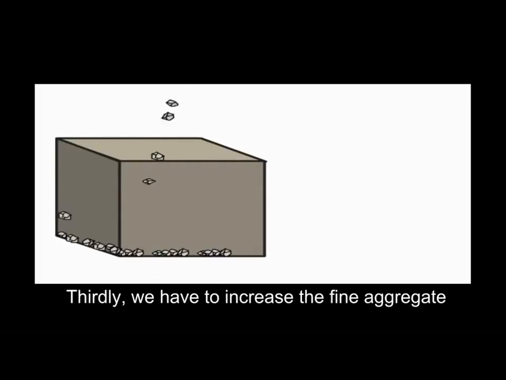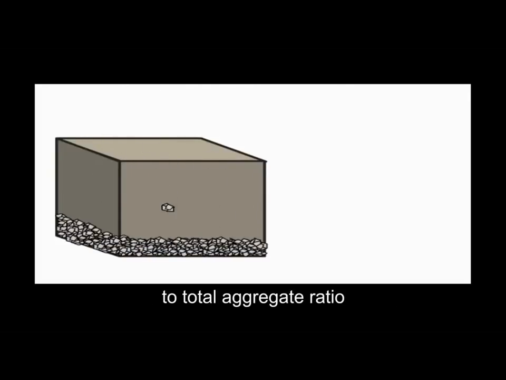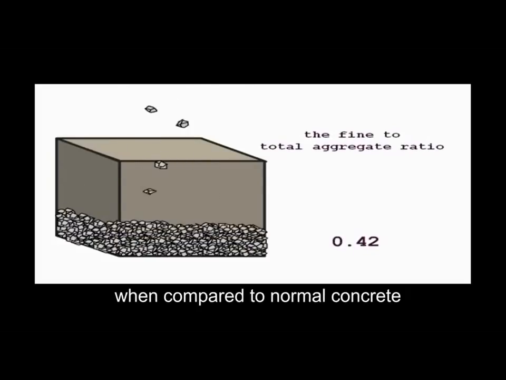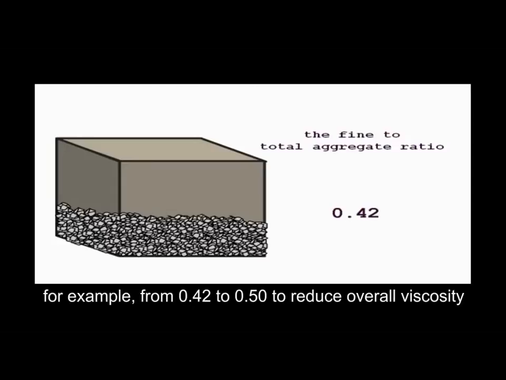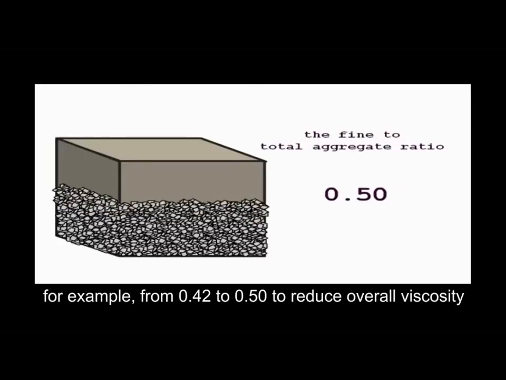Thirdly, we have to increase the fine aggregate to total aggregate ratio when compared to normal concrete, for example, from 0.42 to 0.50 to reduce overall viscosity.